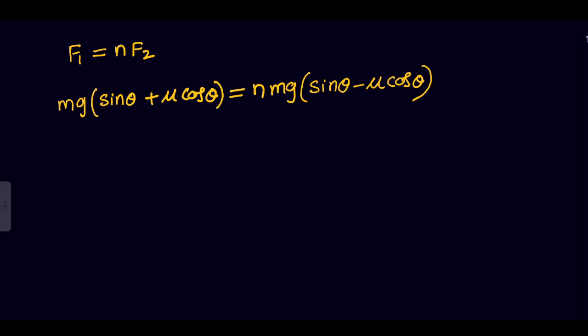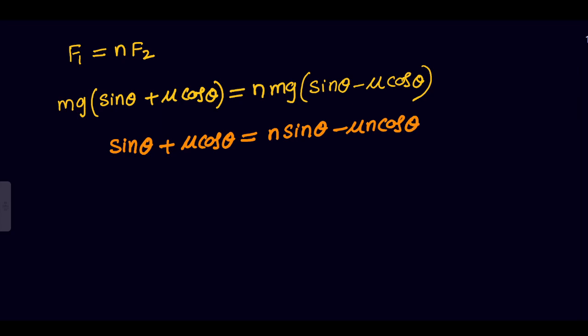Now mg will get cancelled, and here we need to get the mu value. So this is sin theta plus mu cos theta equal to n into sin theta minus mu n into cos theta.